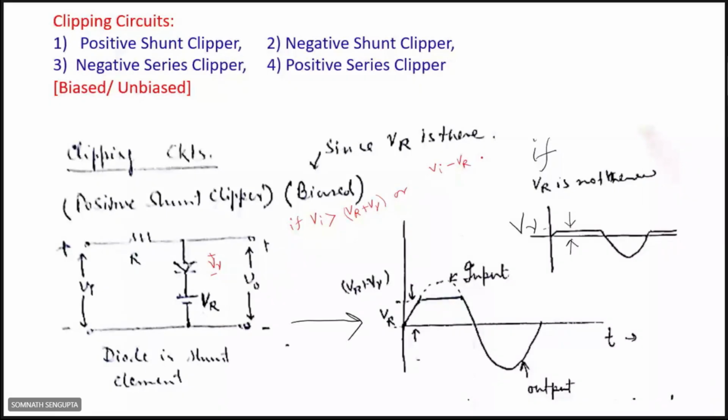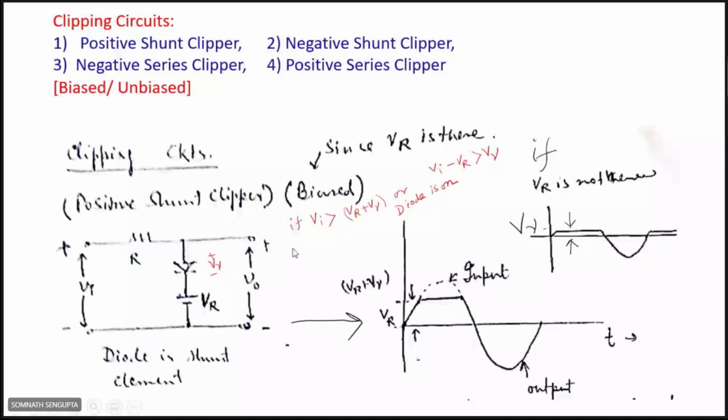Same thing, both are the same. So the diode in that case is on. If the diode is on, what voltage do we get at the output?